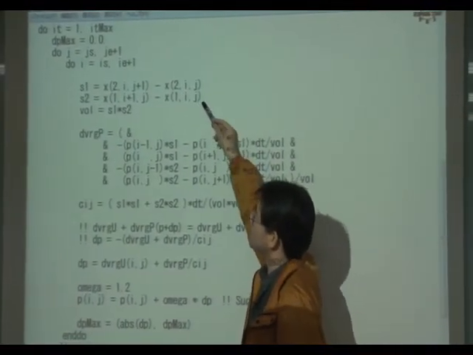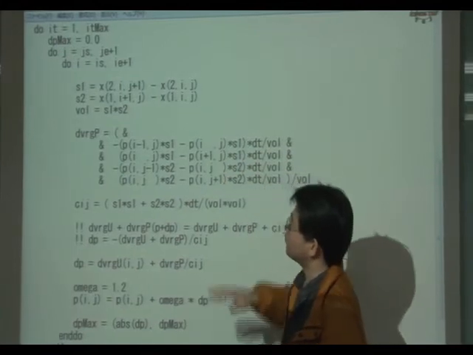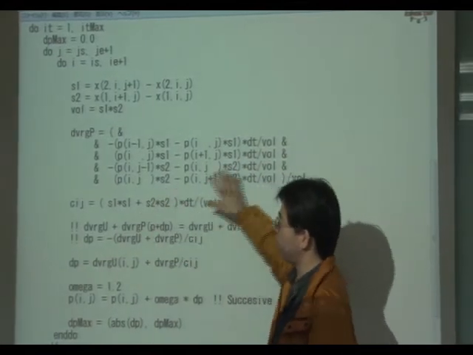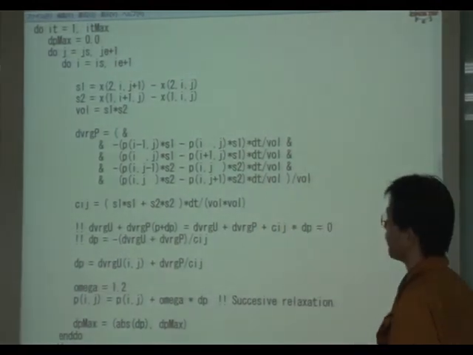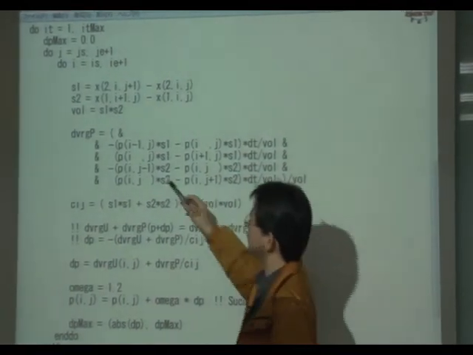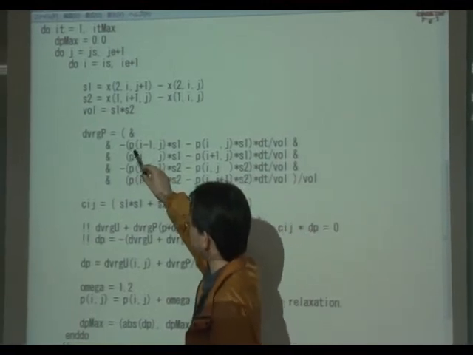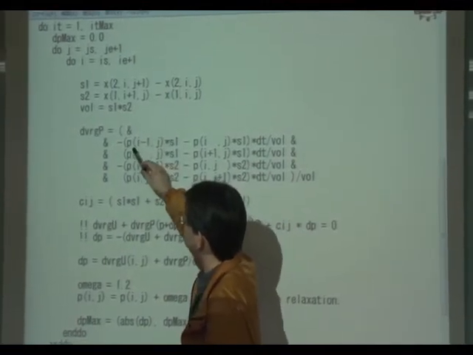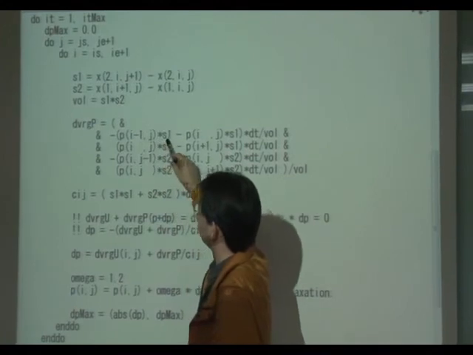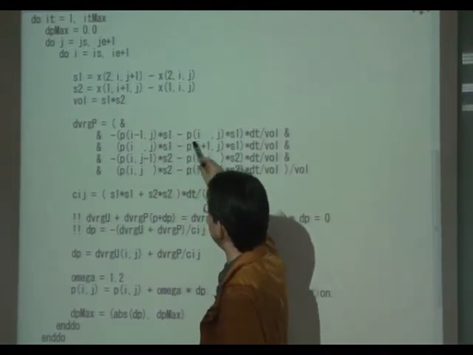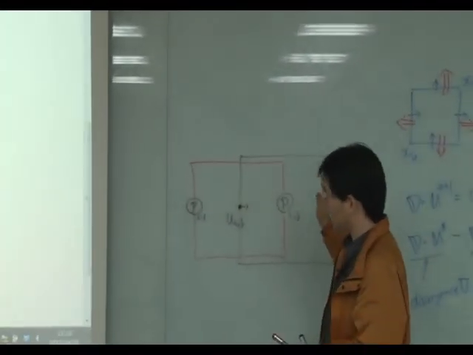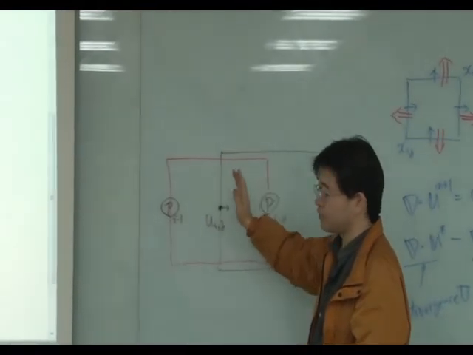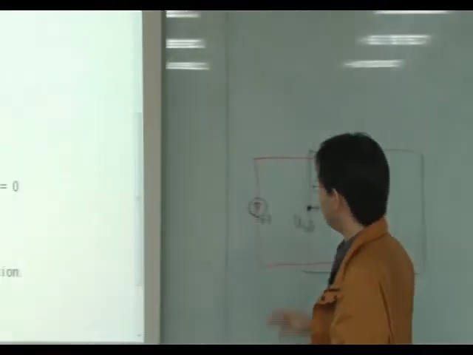S1 and S2 is like this, and we assume it is uniform in the present local consideration. So this will Pi minus 1 push the present U1 point, and Pij will repel this motion.